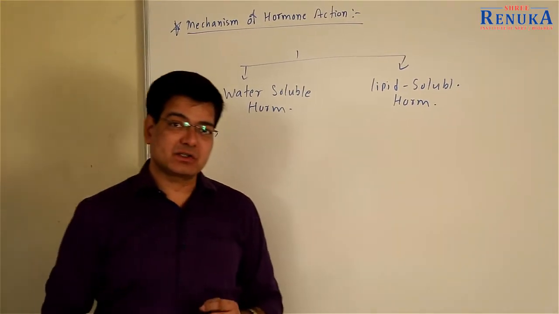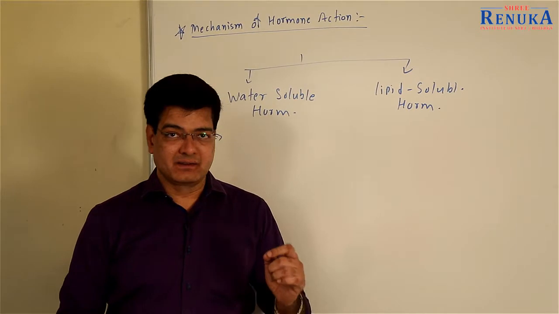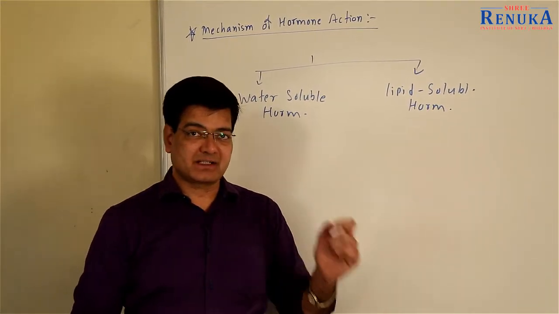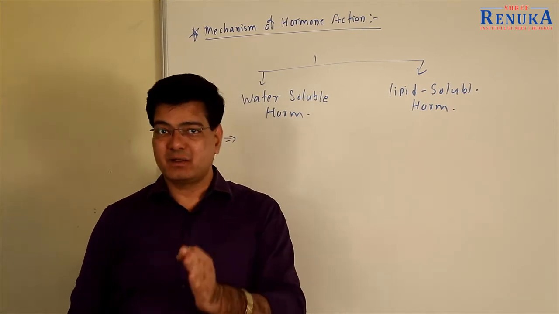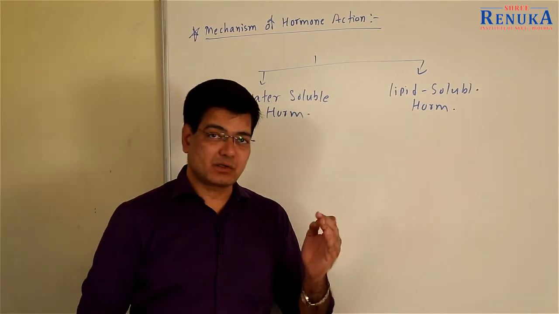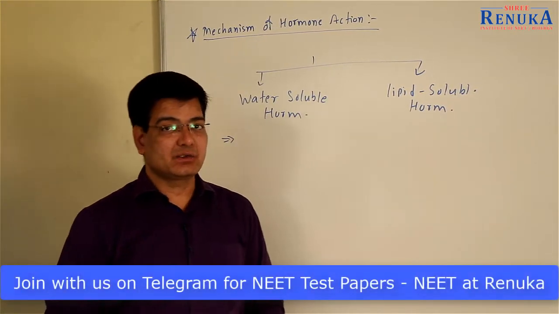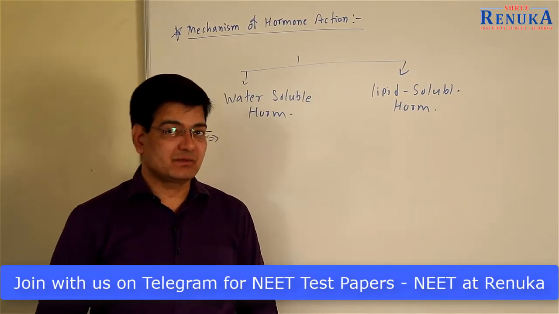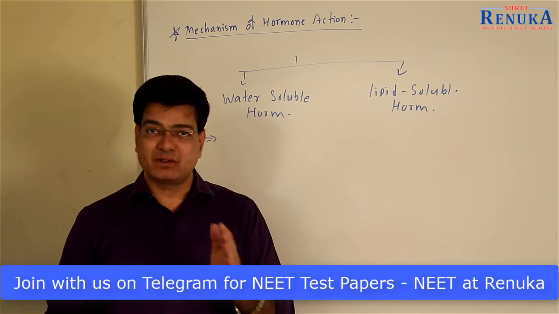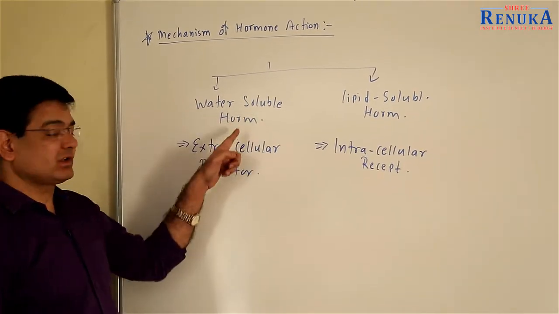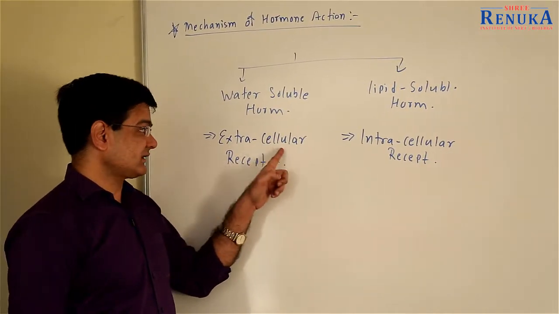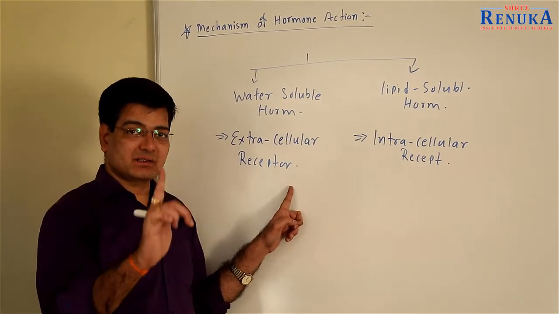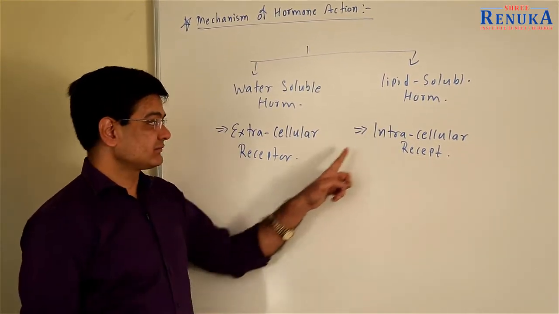In the case of lipid soluble hormones, when hormone comes in contact with the cell membrane, due to presence of lipid in the cell membrane constitution, these hormones can easily enter into the cell, and that's why in the case of lipid soluble hormone we require an intracellular receptor. The water soluble hormone requires an extracellular receptor, which is present on the surface of the target cell.